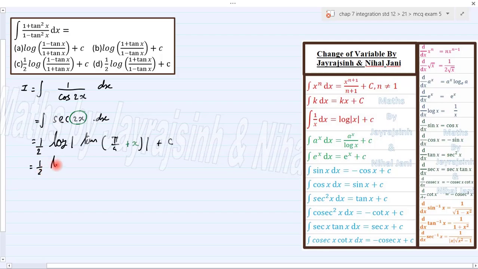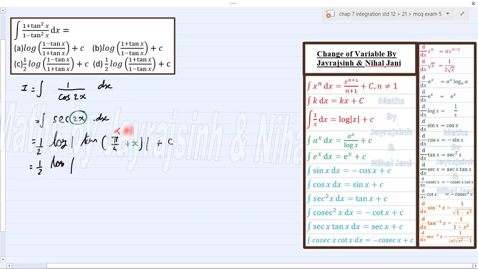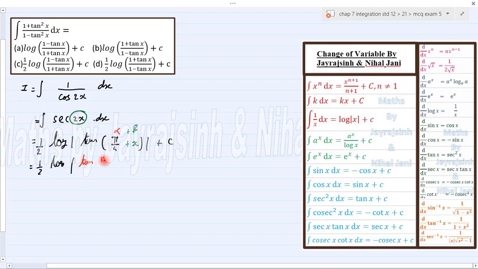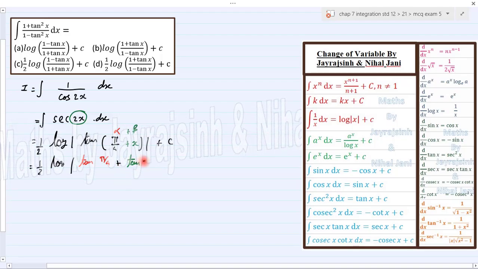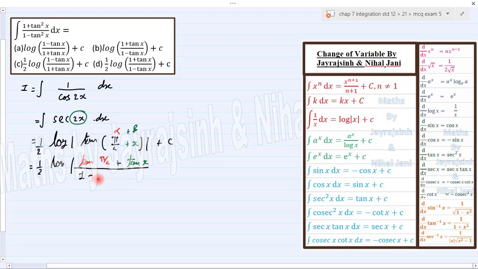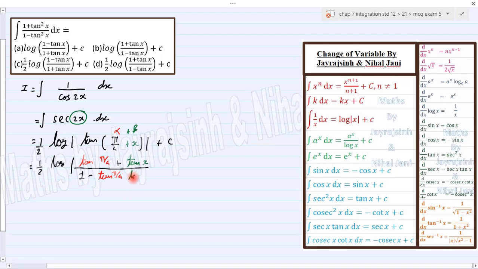To get the answer, let's apply the formula of tan alpha plus beta. So it will be tan alpha, or you can say tan pi by 4, plus tan beta, which is tan x, upon 1 minus tan alpha tan beta, say tan pi by 4 into tan x.